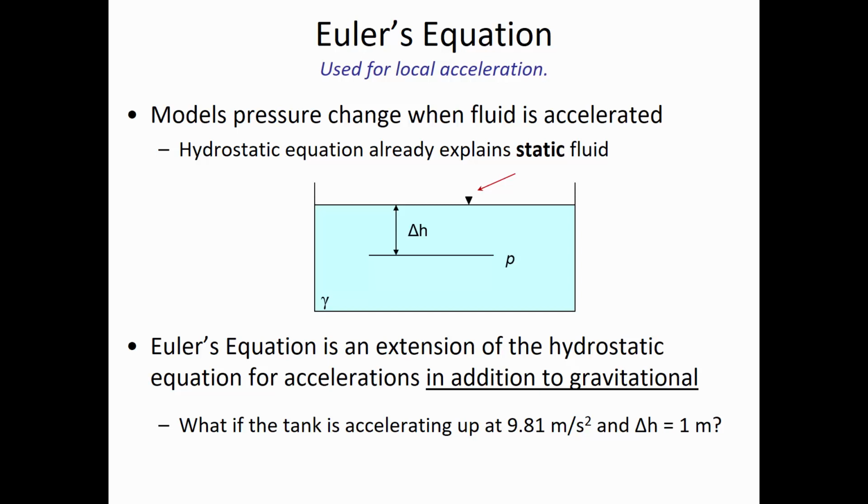So 9810 newtons per meter squared is the pressure at a depth of 1 meter when it's being accelerated by gravity.